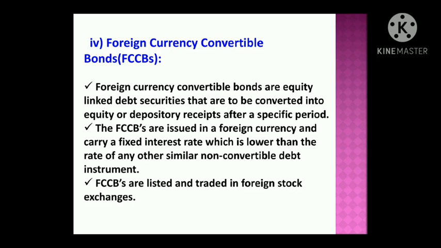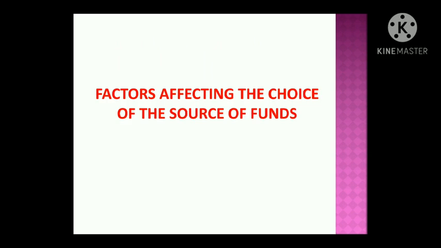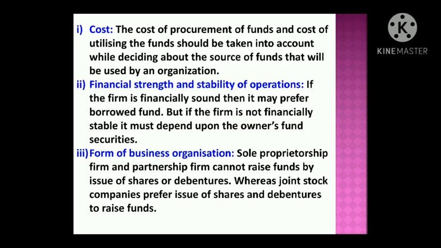Now let's discuss the factors affecting the choice of the source of funds. The first one is cost. Before finalizing any source of finance, the company must find out the cost involved in procurement of funds and the cost involved in using the funds. Both the costs must be less than the benefits which they get by using that source of funds.